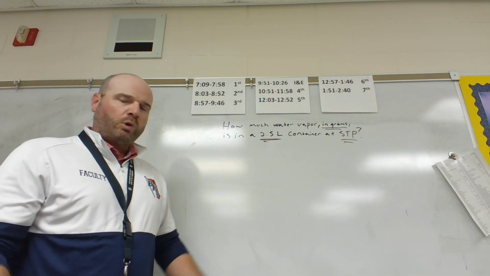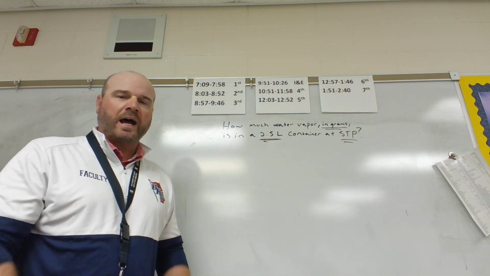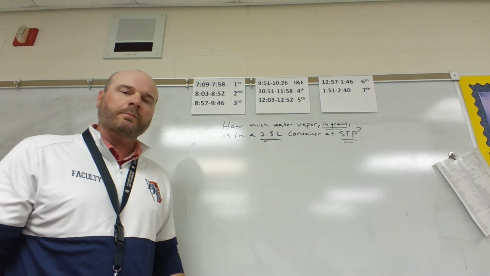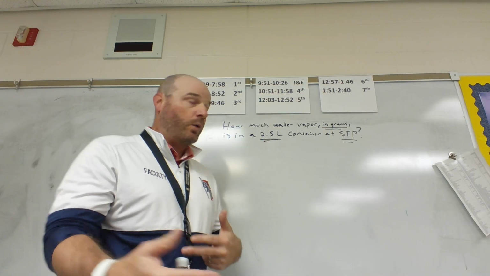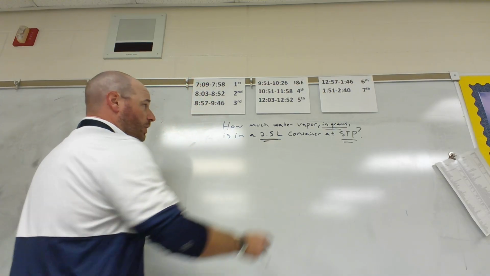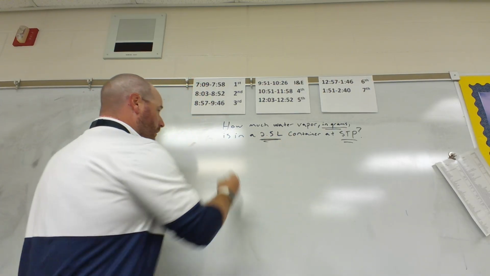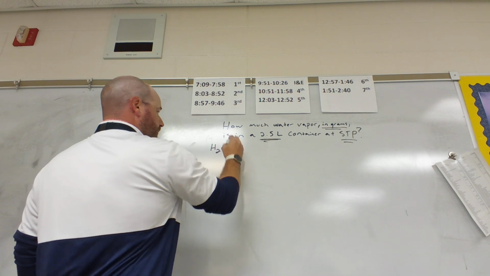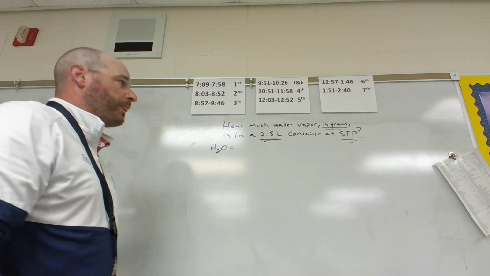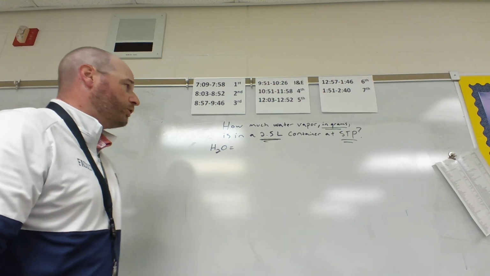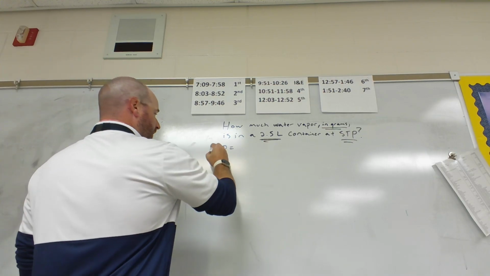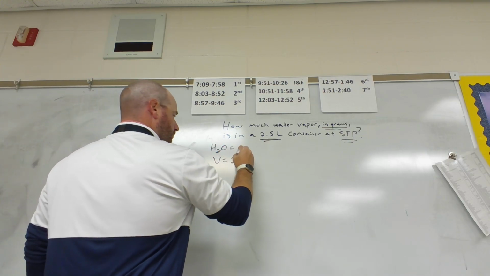So we need to start taking all these things and organizing them, because if we can organize them, then we'll have a better place to start and know where we're going. So for right now, what's given to us, we have water vapor. So we know water is H2O. That's our first thing. We know that we have our volume, which is going to be 2.5 liters.